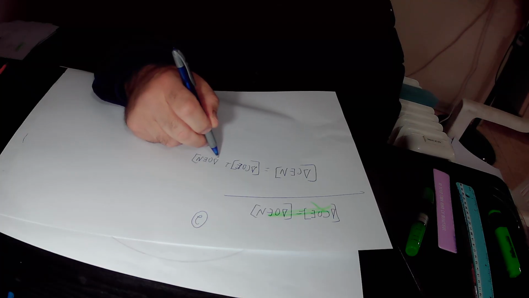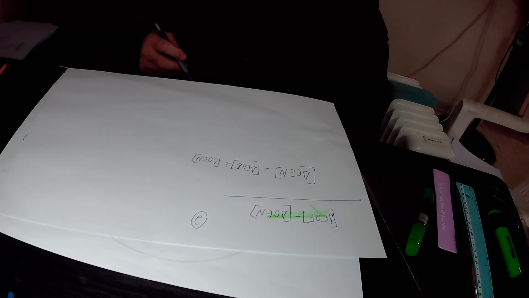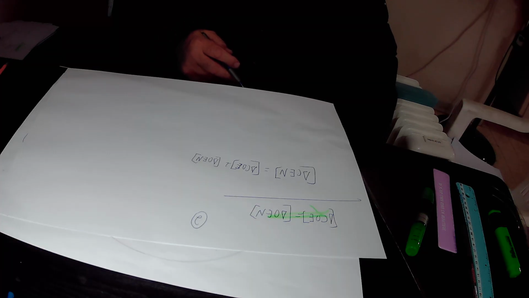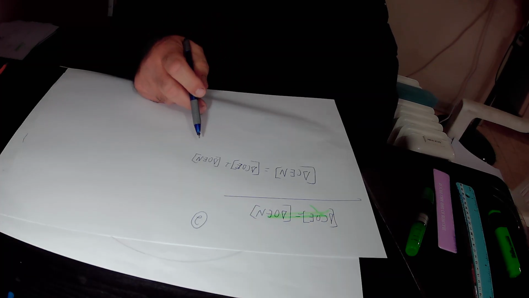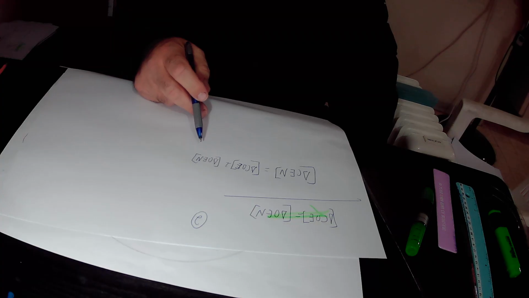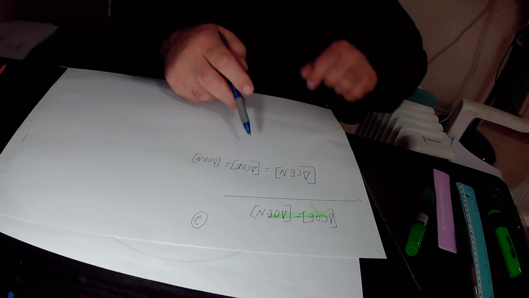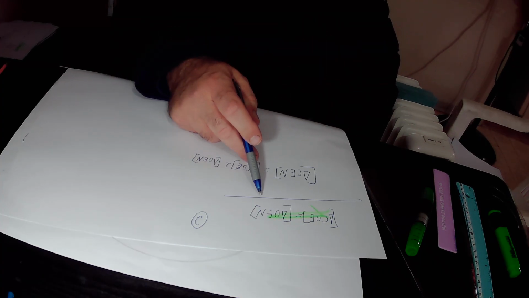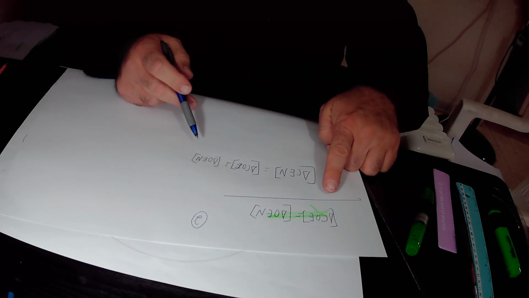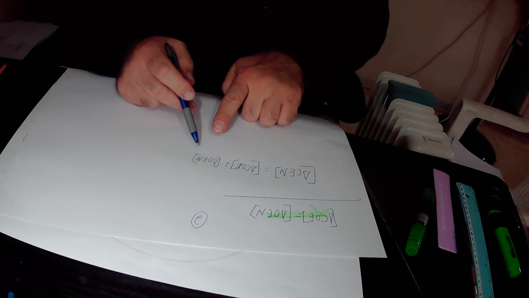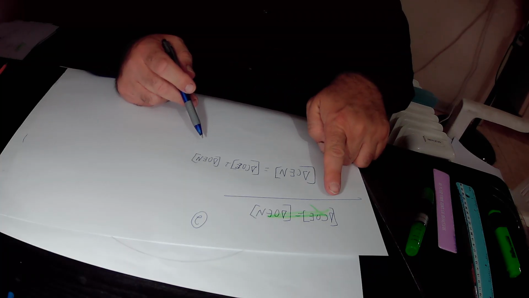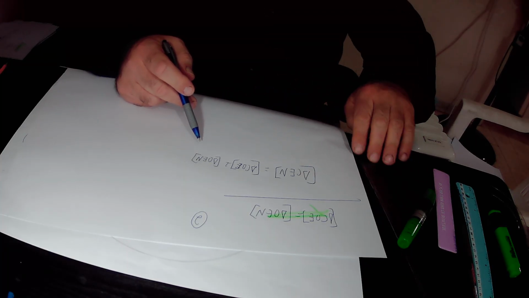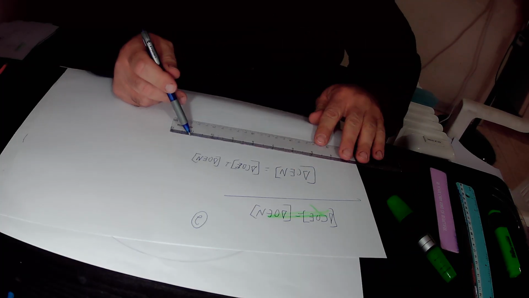So in total we found that the area of the big triangle CN equals the area of the green triangle COE plus the area of the lower triangle OEN. But we found that the area of the lower triangle OEN equals the area of the green triangle COE. So we can substitute the area of the lower triangle OEN by the area of the green triangle COE, because they are equal to each other in their sizes.